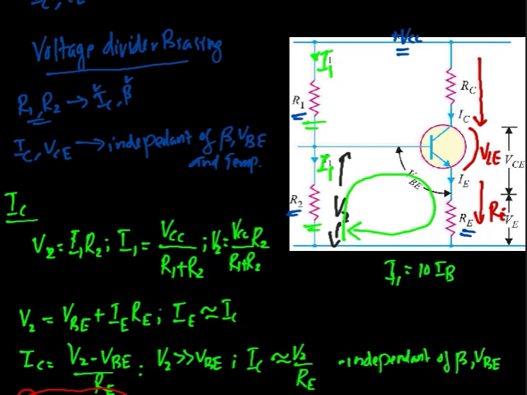This voltage across R2 appears across the base emitter junction. So the biasing voltage is actually V2, the voltage across R2. This biasing voltage is obtained by VCC divided by R1 plus R2 into R2.